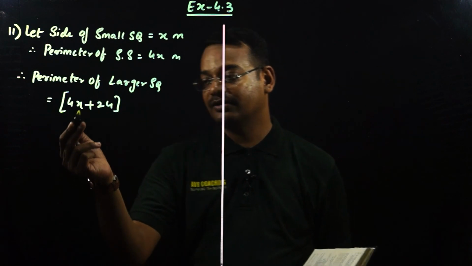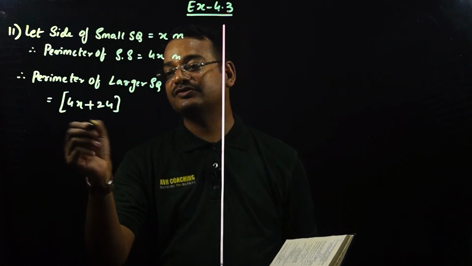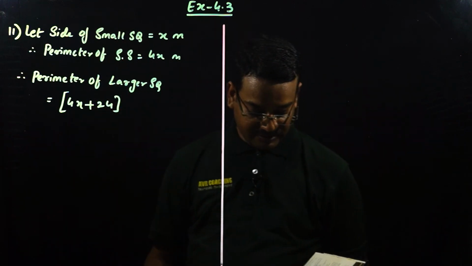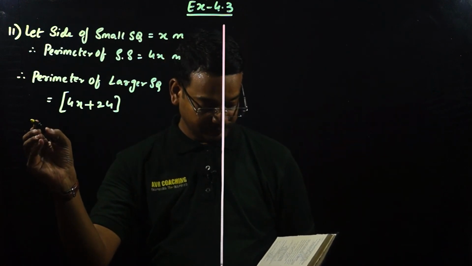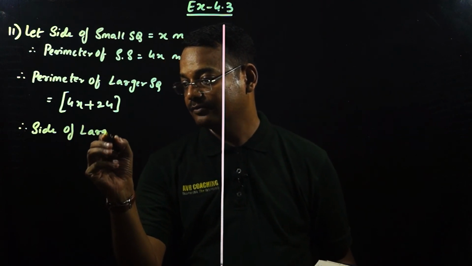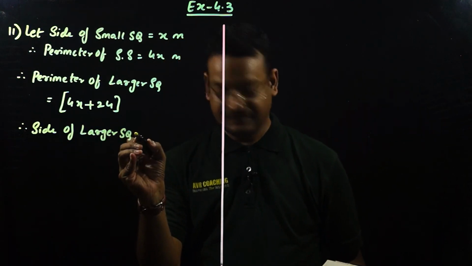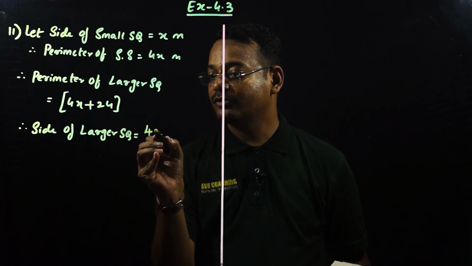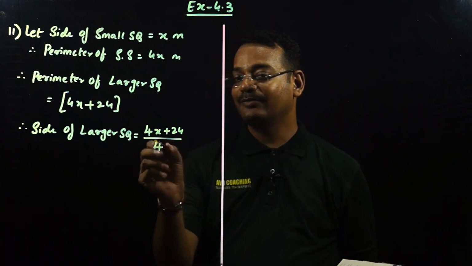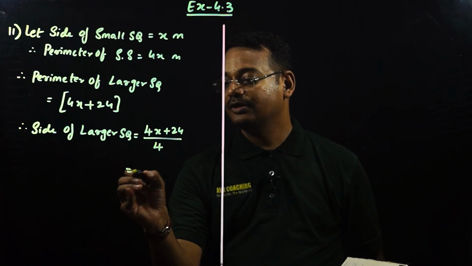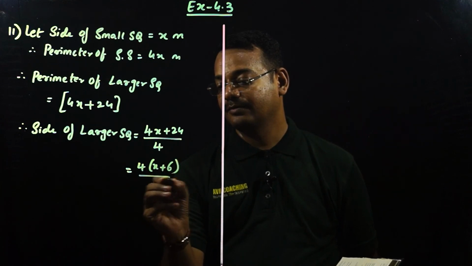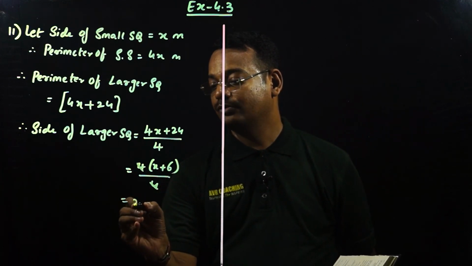Now therefore the side of the larger square is equal to perimeter divided by 4. The perimeter is 4x plus 24, and in the numerator we have 4 common, that is (x plus 6) by 4, therefore the side is equal to x plus 6.